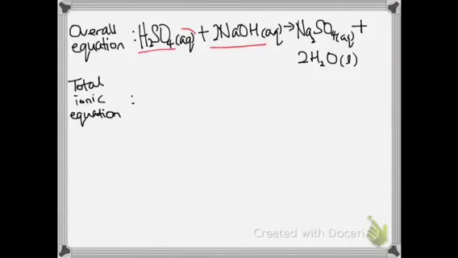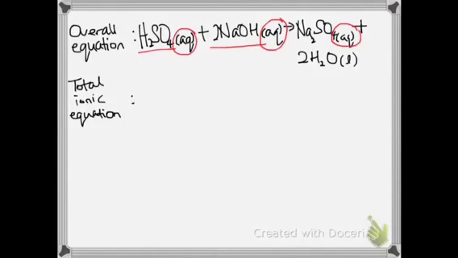Now, sulfuric acid is an aqueous compound. Sodium hydroxide is an aqueous compound. Sodium sulfate is an aqueous compound. So therefore, for these three compounds, we will split them up into their corresponding ions.